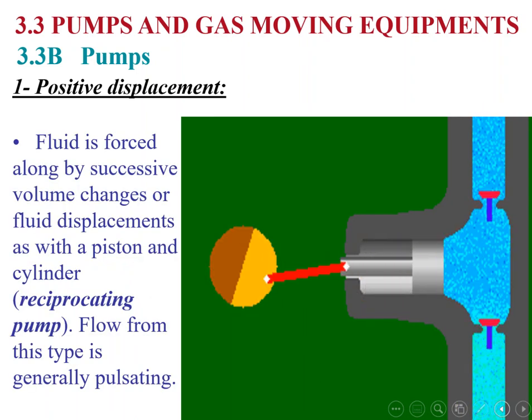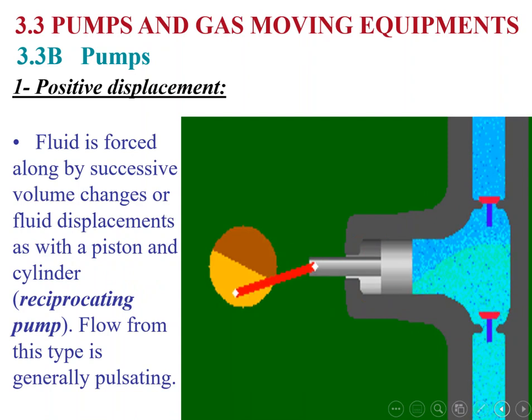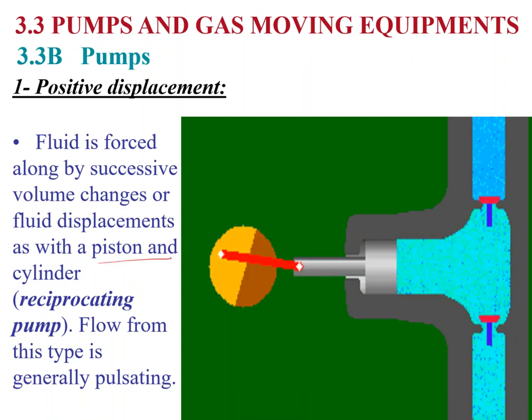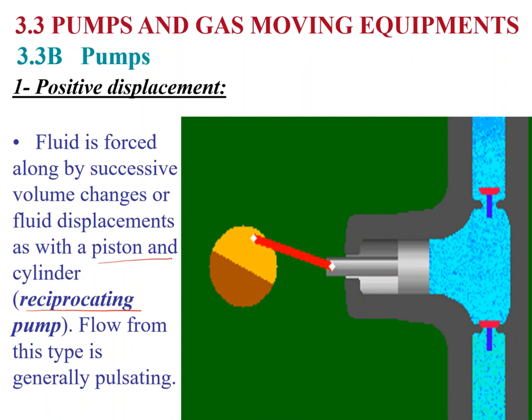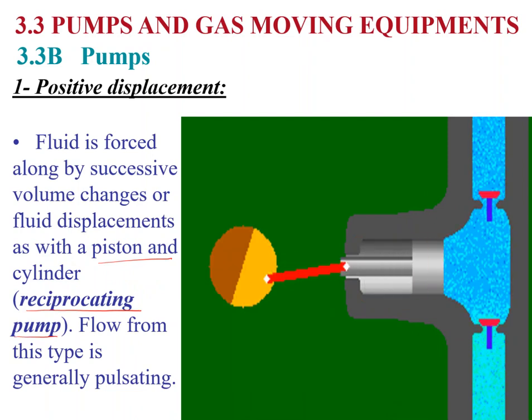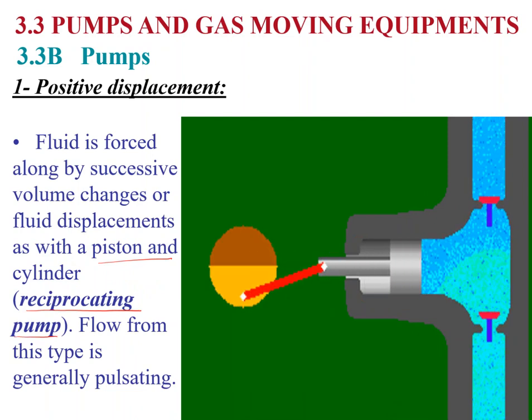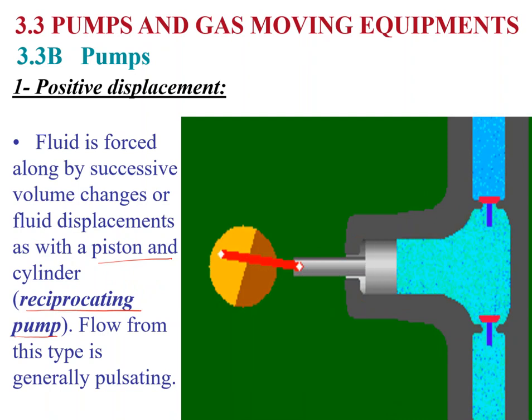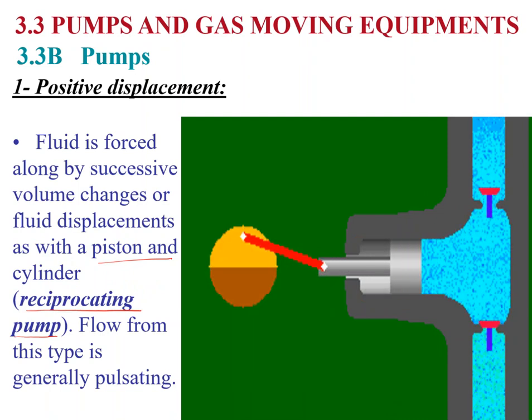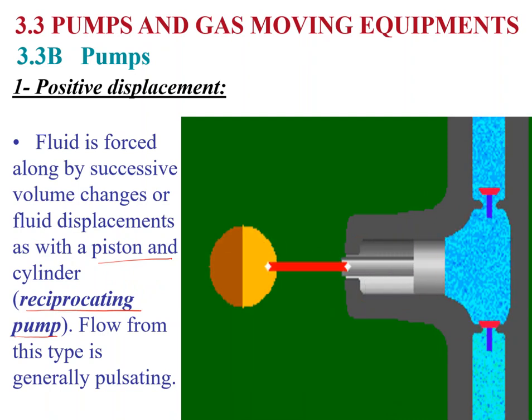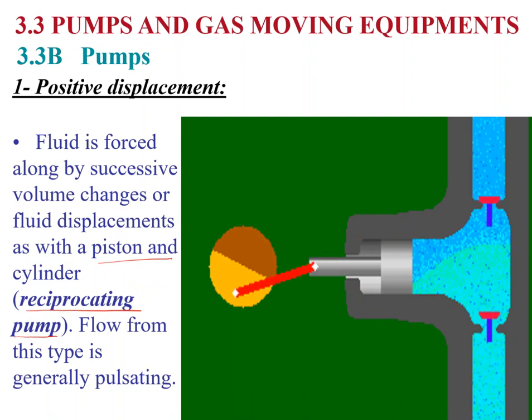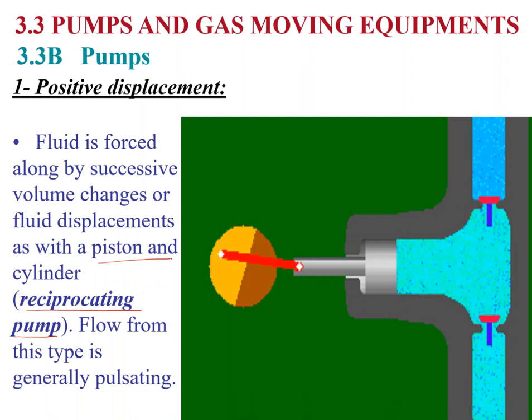This type, which is called piston cylinder, or also reciprocating pump, the fluid is forced along by successive volume changes. As you can see, it is successive, one after the other. Or fluid displacements, as with the piston and cylinder.